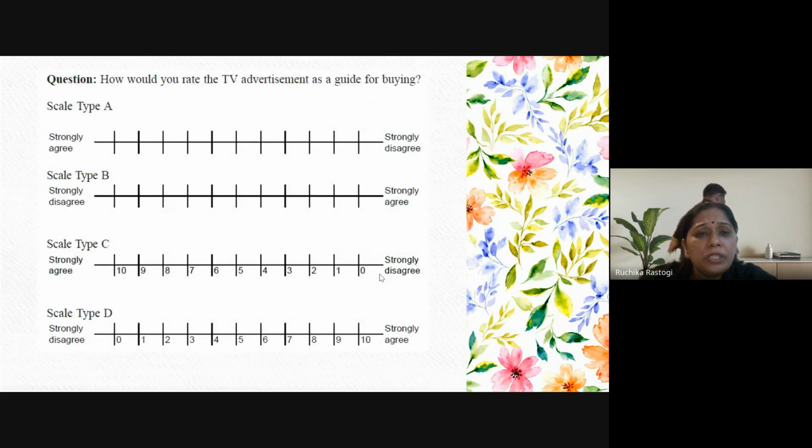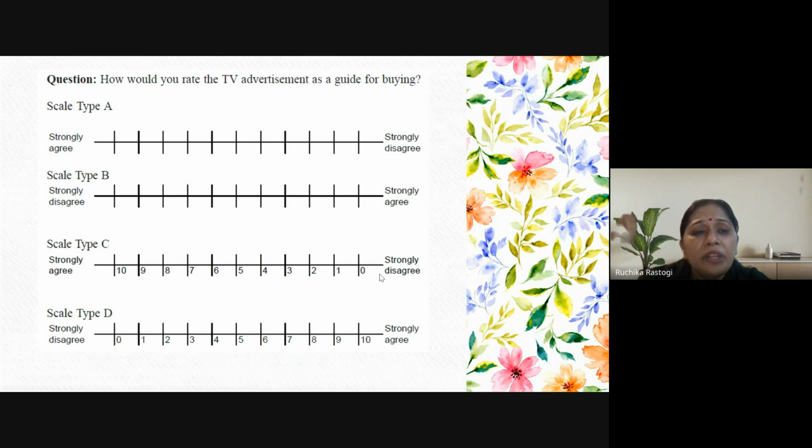Certain questions are given to you, for example, how would you rate the advertisement as a guide for buying? There are different ways in which the scale can be made. If you see scale A, strongly agree to strongly disagree. Scale B, we have just made the opposite of it. Strongly disagree to strongly agree. We can change the directions also.